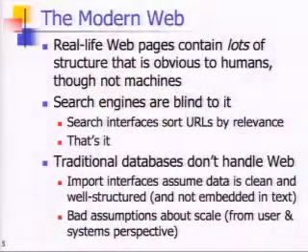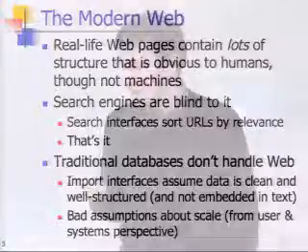There's no kind of query you can do on who was born on certain dates or where certain scientists were born. In a traditional database, you do have a much more expressive query language, but they certainly can't handle web pages. The import interfaces not only assume the data is relatively clean and well structured, and certainly not with all this strange advertising and other text around it, but also they make certain bad assumptions about scale.